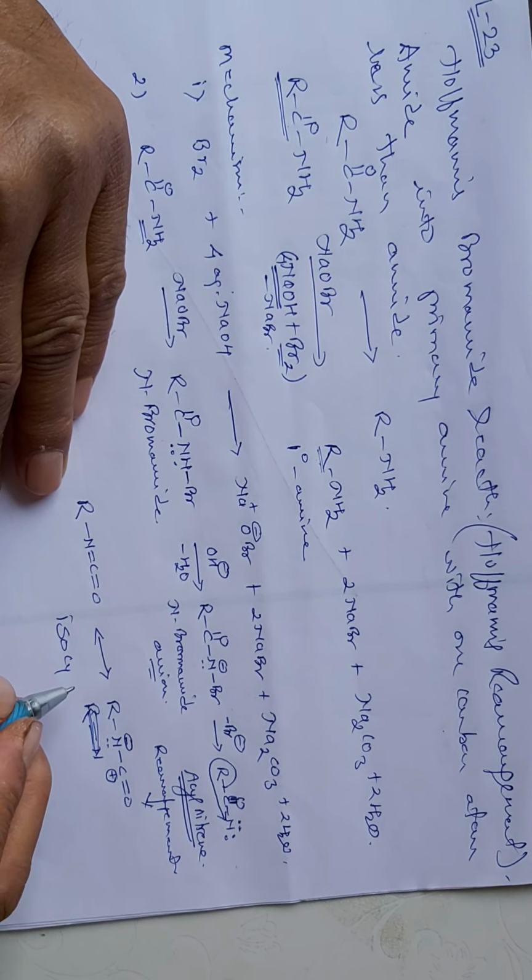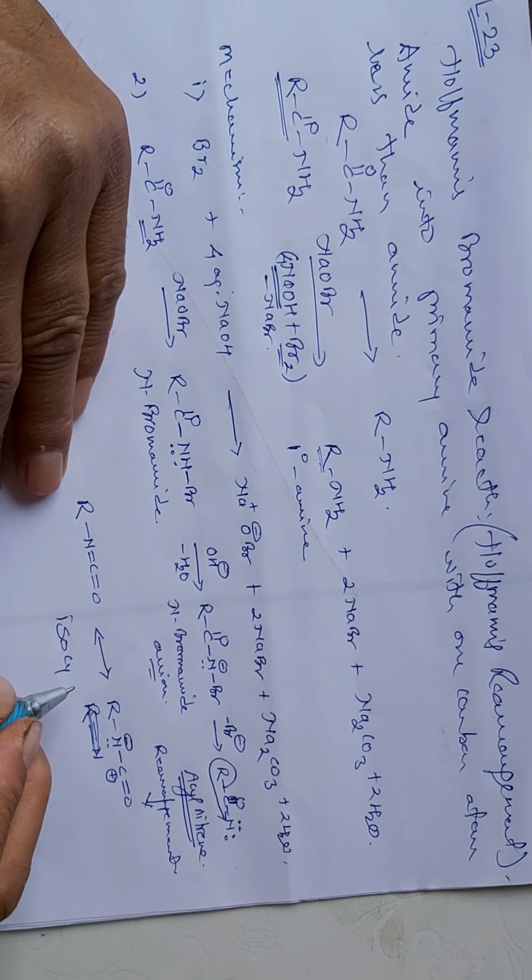This reaction has wide applications, because by using this reaction you can convert carboxylic acids into primary amines. Suppose the example is propionic acid, CH3CH2COOH.